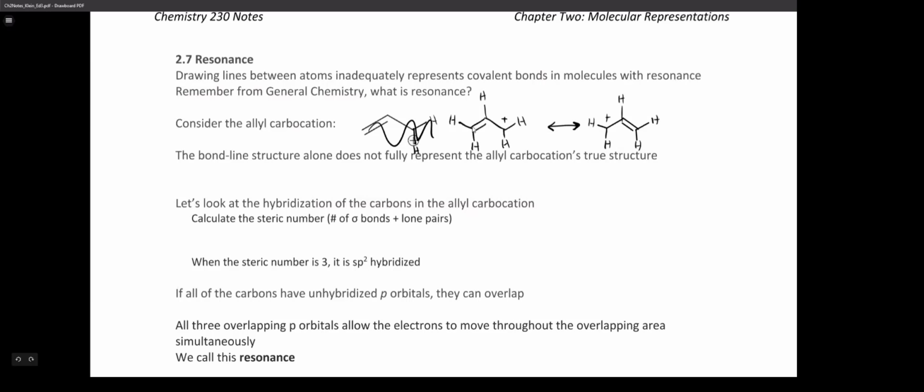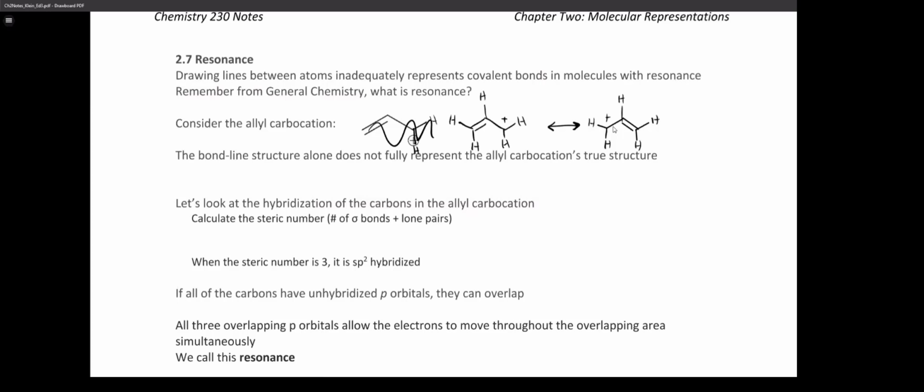Only the electrons. And technically, if the electrons have moved, it looks like the charge has also moved, right? Because if the electrons are over here, this carbon has the plus charge. If I draw the electrons over here, this side has the plus charge. So these have the same connections of atoms. Everything is the same in space. Only the electrons have moved. What we are saying here is these electrons are delocalized.